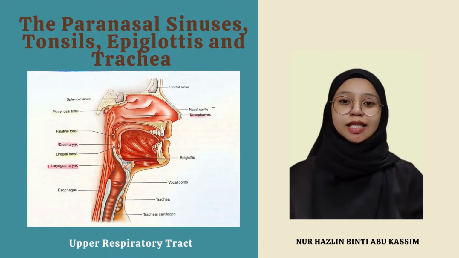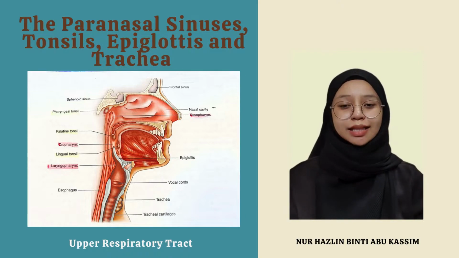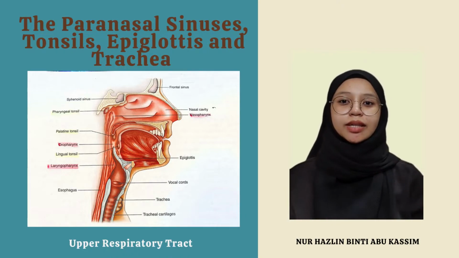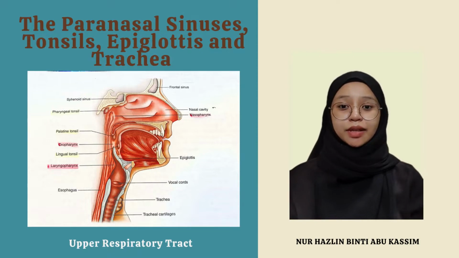The frontal sinuses, which are one of four pairs of paranasal sinuses, are found in the frontal bones right above the eyebrows. The optic nerves are near the sphenoid sinuses, which are situated in the sphenoid bone beneath the pituitary gland and behind the eyes.